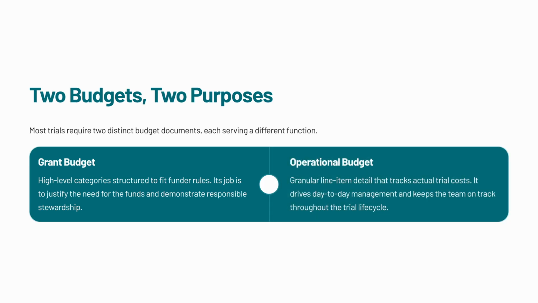It is more detailed and is used to manage the study in real life. Both are important, but they do different jobs. A grant budget may help you secure the money, but the operational budget helps you spend it wisely and keep the trial moving. On the next slide, we will compare these 2 budgets more directly.